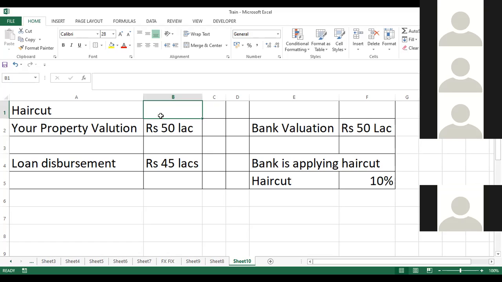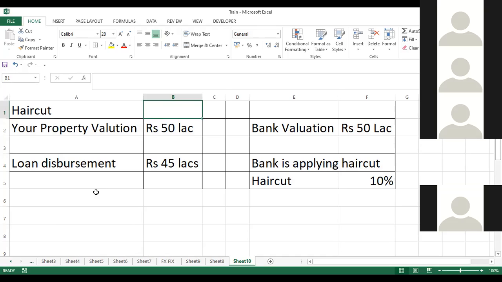To avoid that future exposure, the bank would always like to apply a certain level of haircut on the loans which are sanctioned. This is just a very common example I've shared. This is applicable for the securities we're talking about. The securities can be your normal bond issues, mortgage-backed securities, asset-backed securities, whichever security you talk about. So haircut would be applicable.